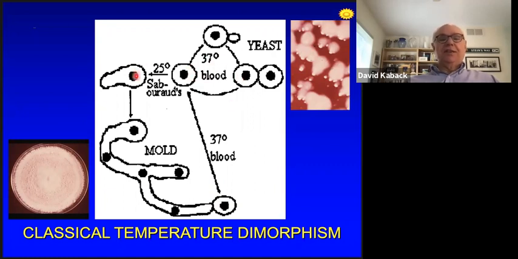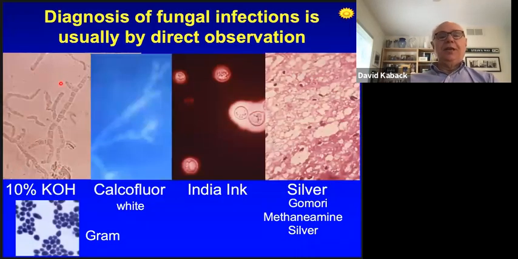In contrast, if it lands on another agar plate, it's going to grow as a hyphae. So this is dimorphism, and many fungi that we're going to hear about today are dimorphic. Okay, so yeast, mold.